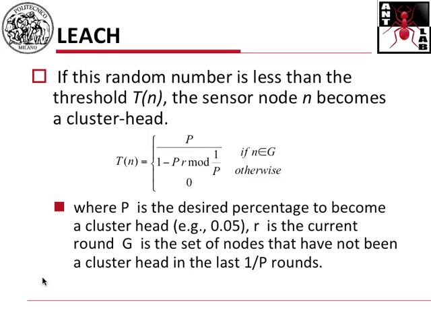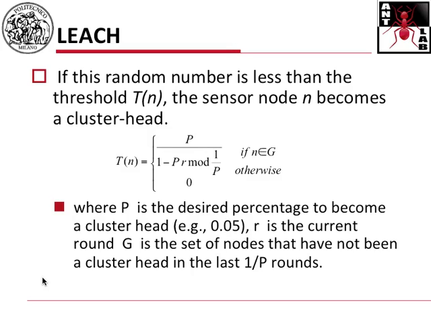Then the node compares this random number from 0 to 1 against this threshold T(n). If the random number it has drawn is lower than this threshold, then it can behave as a cluster head, so it elects itself as a cluster head. Clear? Draw a random number, I have a threshold, very mechanical procedure. If the random number is between 0 and this threshold, I behave as a cluster head. Otherwise not. So let's have a look at what this threshold is. This threshold depends on a bunch of parameters, actually 2 of them.